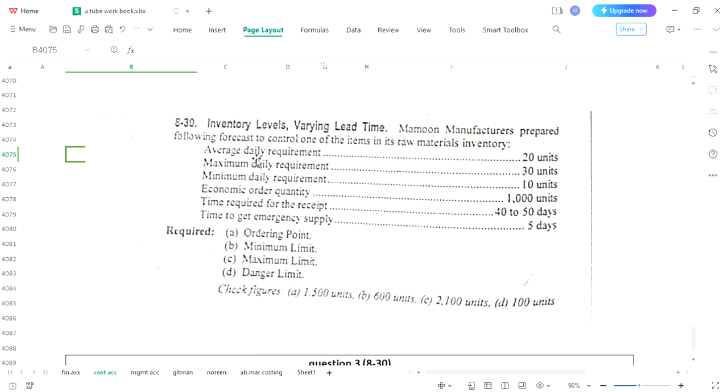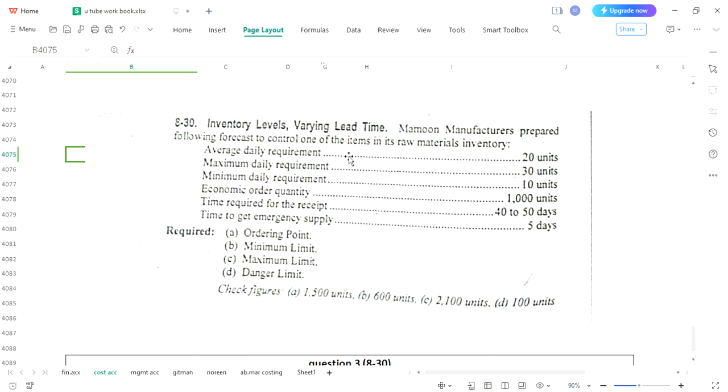Let's say, just as an example, that instead of daily it was written average monthly requirement, while the time required for receipt was given in days. So here time was given in days and requirement in monthly terms. Obviously these two factors would not have matched, so you would have had to change it.